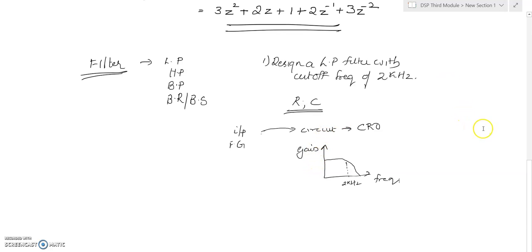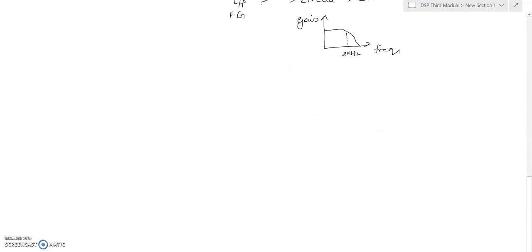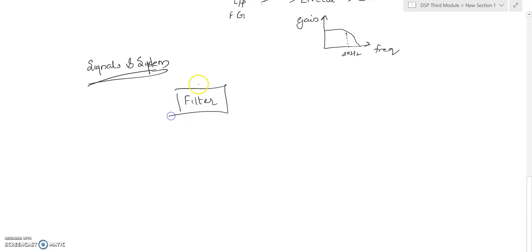The main point that I want to convey here is that a filter is basically a system. So it is again like the initial concept that we looked into, where we learned about signals and systems. This element that we are dealing with, this thing called a filter, is basically a system, and it will have an input signal and an output signal.